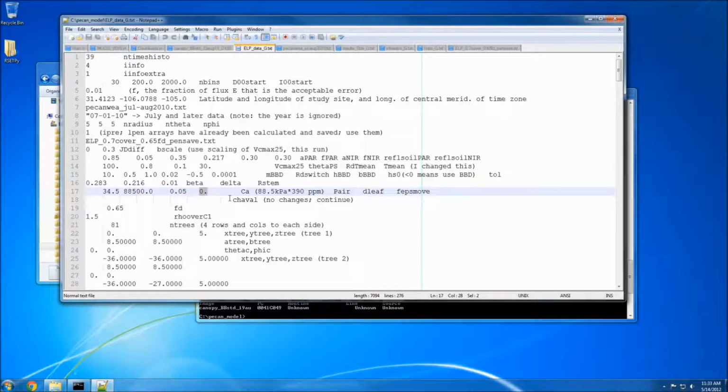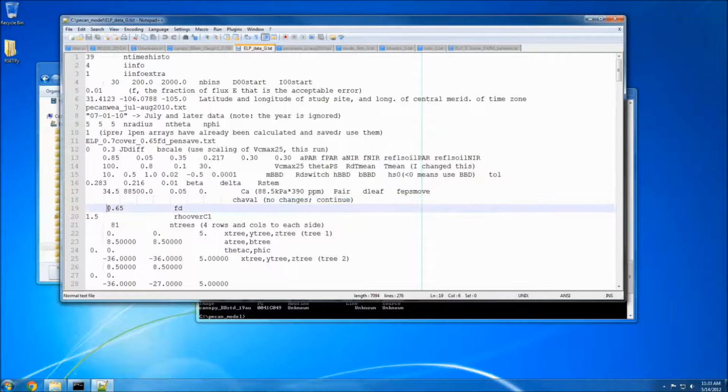The next line here, which you could pronounce as change value, is a holdover from the times when I would run this model iteratively. After I got this far, I could say, oh, wait, I want to go back and change the value of one of these parameters. It's irrelevant now.